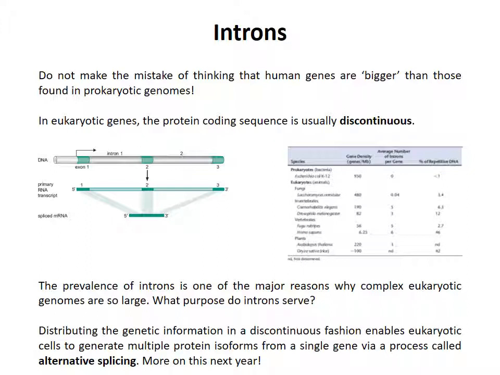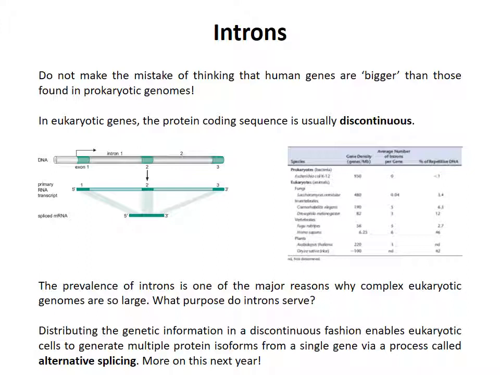So why have introns at all? What's the purpose of spreading your gene out over the genome? It seems counterintuitive and just a waste of time and genetic space, really. What purpose do these introns serve? Well, they actually serve a very important purpose.